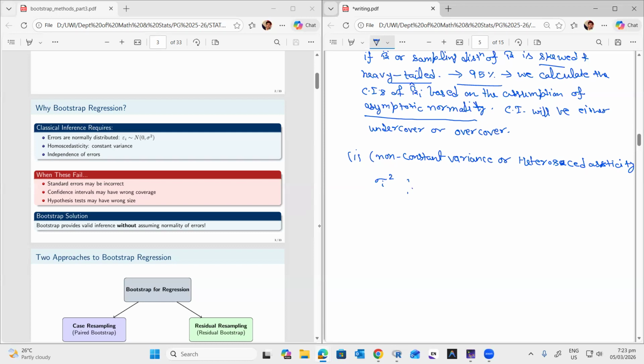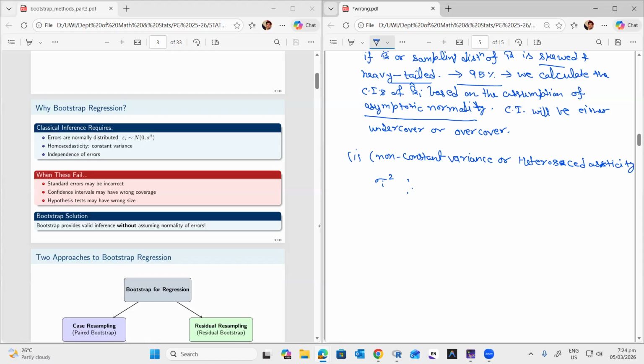And the second thing is dependency, the serial or the clustered. Okay, if the dependency is there and clusters are there, standard errors that ignore the dependency are too small, giving false positives. And model misspecification may happen, so resampling the residuals may be misleading because residuals reflect a wrong model.